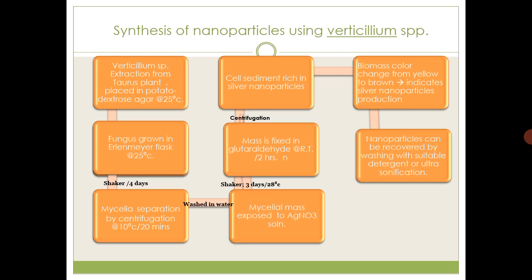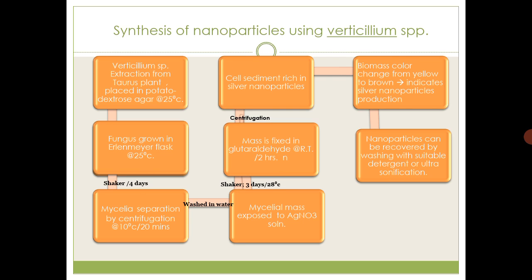After the 4 days, after this fermentation process, the mycelia are separated from the culture broth using centrifugation. The conditions are 10 degrees Celsius for 20 minutes. Then after the centrifugation, the mycelial mass is washed in water.